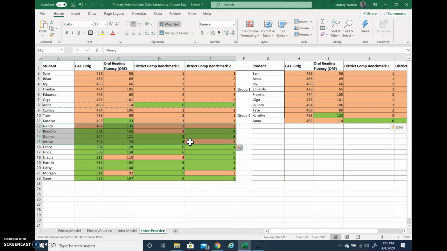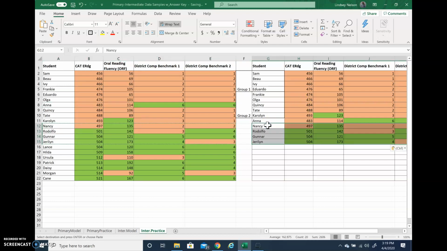The rest of these students have quite a few scores in the proficient range, and their data is somewhat similar. Although there are a few jumps, most of their data looks like they could fit together, and I'll go ahead and move them into group 3.